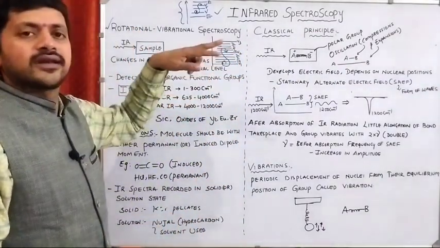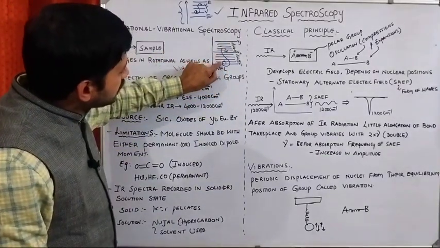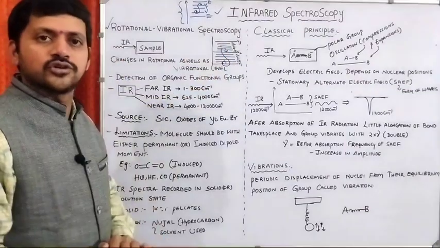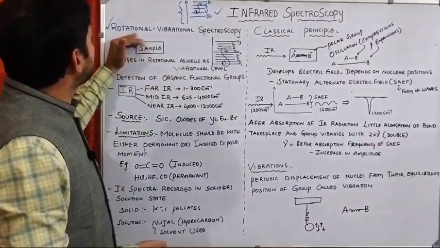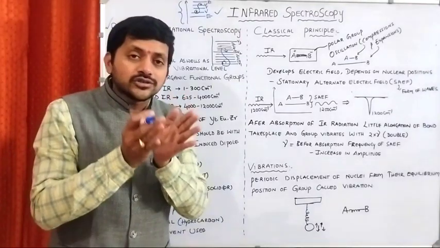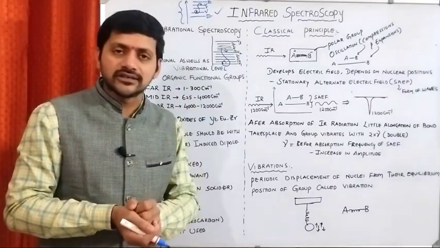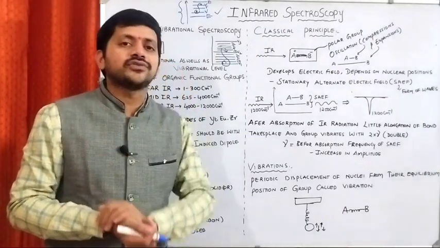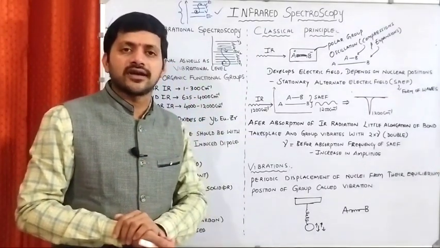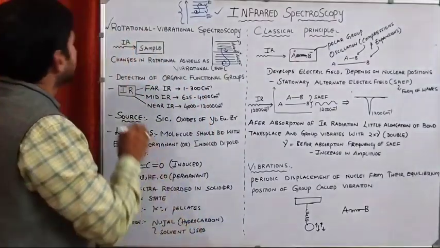During this transition, the molecules also cross the rotational levels. That's why the spectroscopy is commonly called rotational spectroscopy. Because of the combination of the rotational and vibrational transitions, the peak which we observe in IR spectra is somewhat broader in nature. Okay.